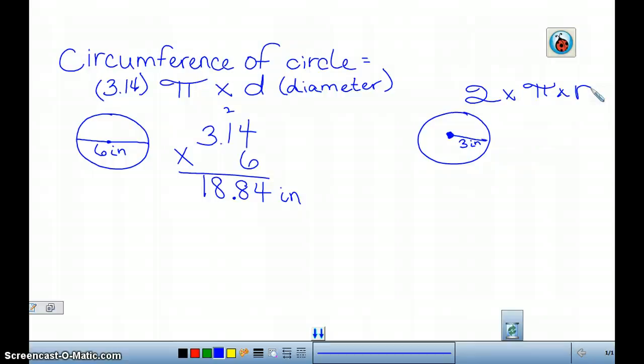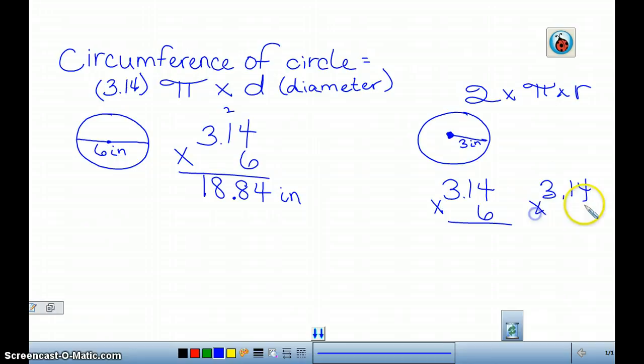So whenever I solve it, I can take 3.14. I know this is half of my diameter. My diameter would be 6. So I can take it times 6. Or I could take 3.14 times 3, and then times that by 2. But why would you take it times 2?